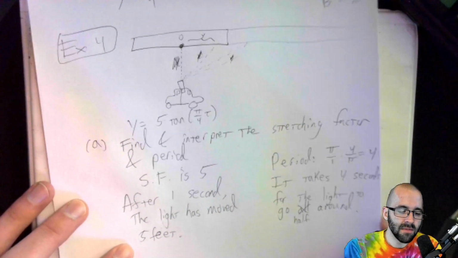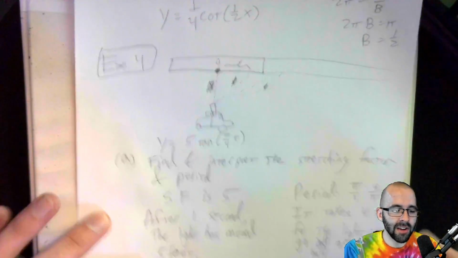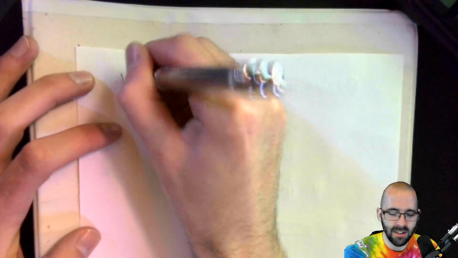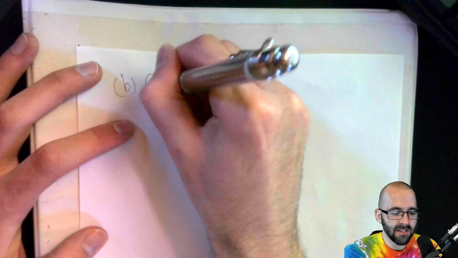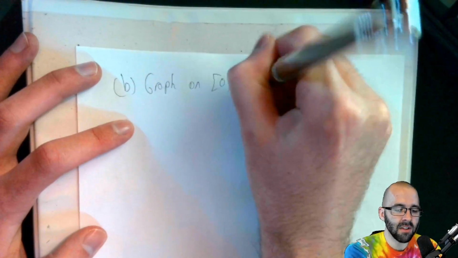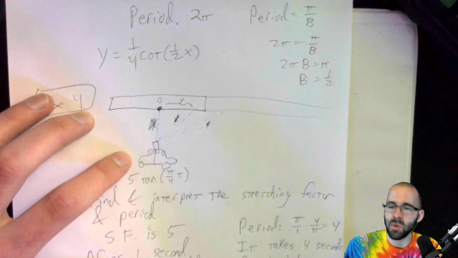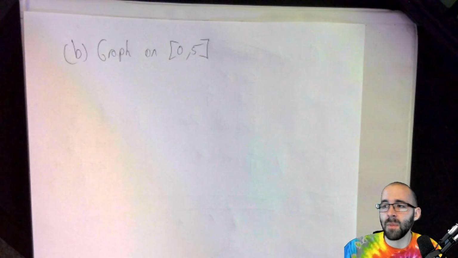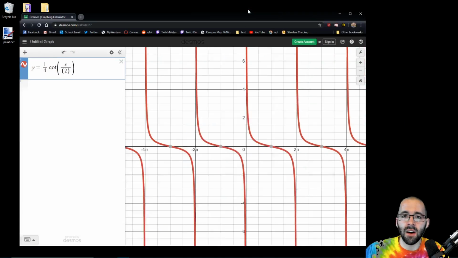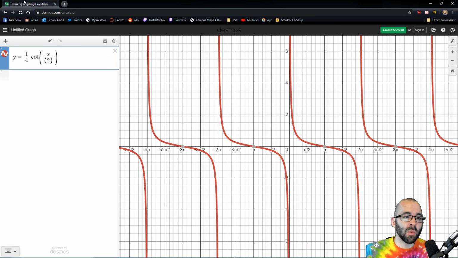All right. Oh dear. We're going on to part B, but we're going to miss our picture. Part B, oh, that's fine anyway, is graph on the interval from 0 to 5. And again, our period is 4, so we should see part of our period. And again, I'm not going to make you graph this by hand. Graphing by hand was 8.1. 8.2 will not require graphing by hand.